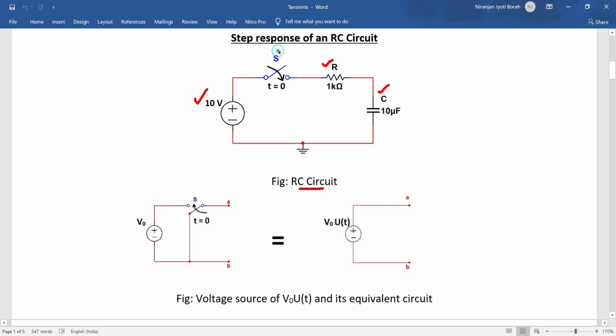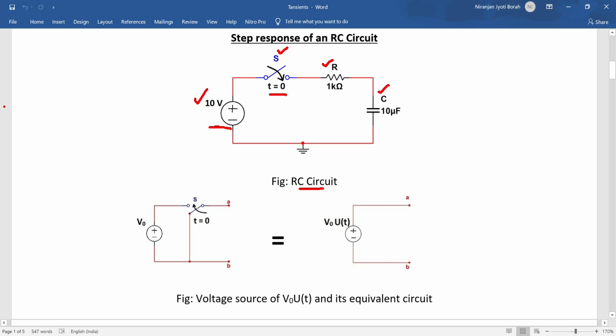Here S represents a switch which is closed at t equal to 0. When the DC source is suddenly applied to the RC circuit with the help of this switch, the voltage or the current can be modeled as a step function, and the response is known as a step response.